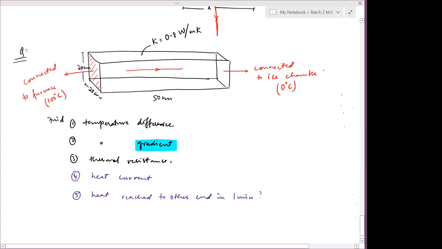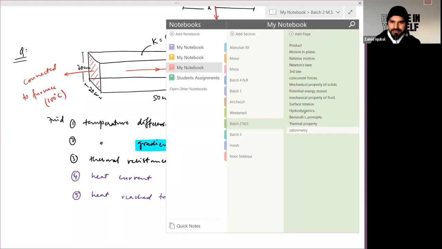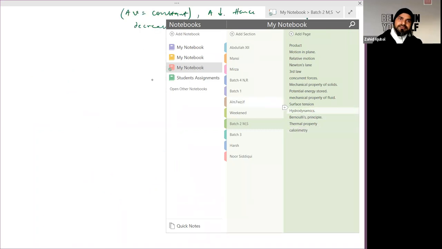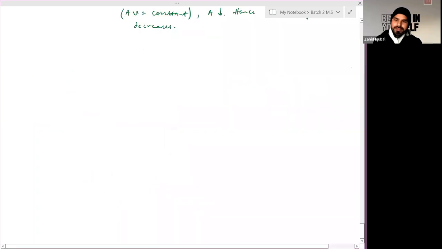Okay, Samaira. I defined this in the fluid part. Let me show you.